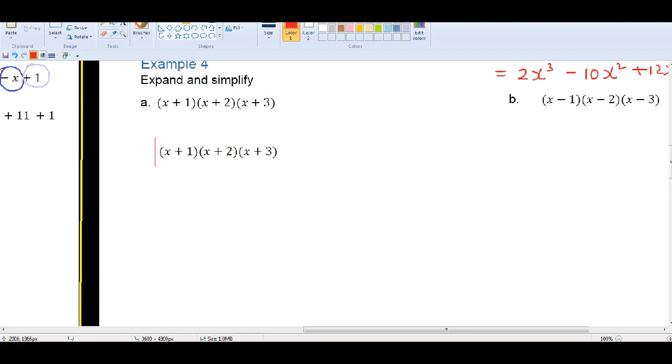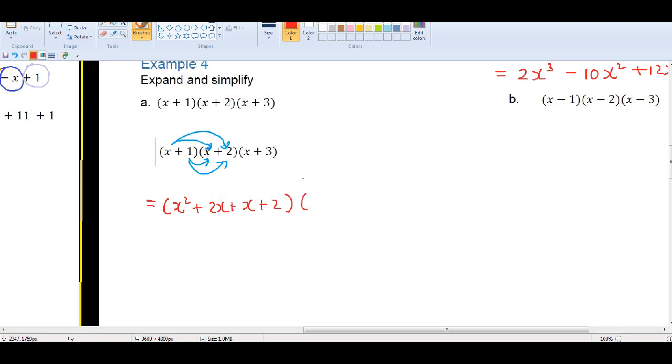For the first 2 brackets you use FOIL again: first, outside, inner, last. So you will have x squared plus 2x plus 1x plus 2.